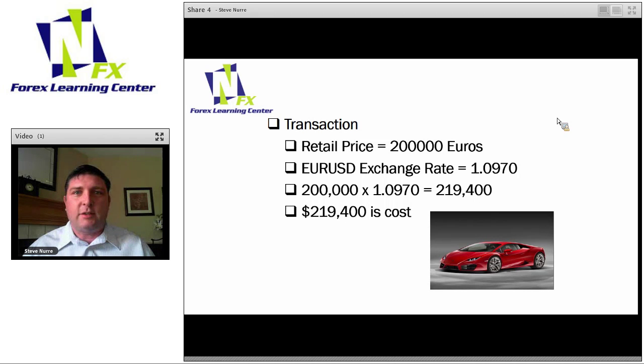Think about it yourself. Do these types of transactions happen every day? If I'm a Lamborghini dealership and I'm having to create inventory, and I'm having to import Lamborghinis into the U.S., those types of transactions are happening every day from business to business.